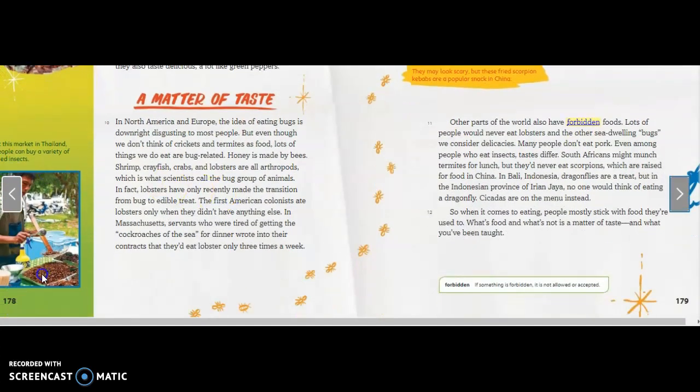Down here, I've never been to Thailand. Some of you may have, but I've never seen an actual Thailand market, especially selling insects. So having this graphic feature here helps me to better understand and relate to the text, and it also makes it easier for me to make text connections.